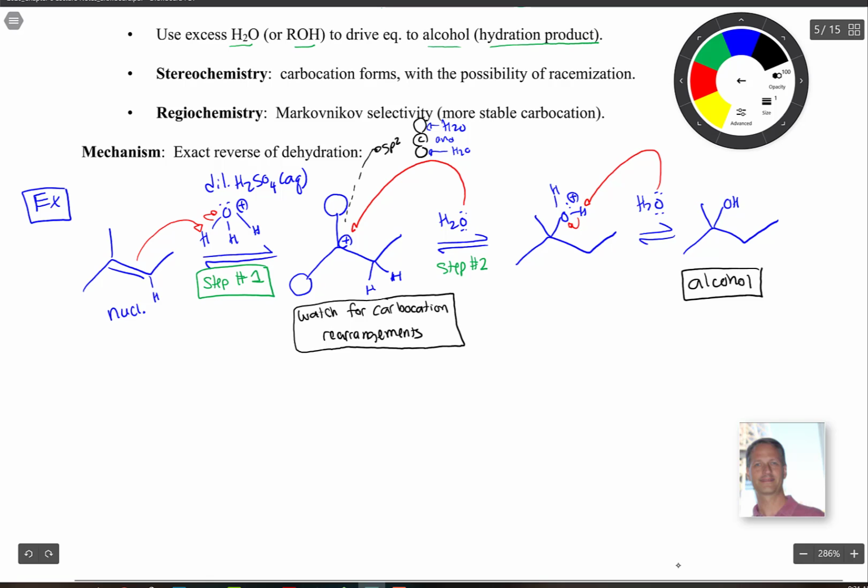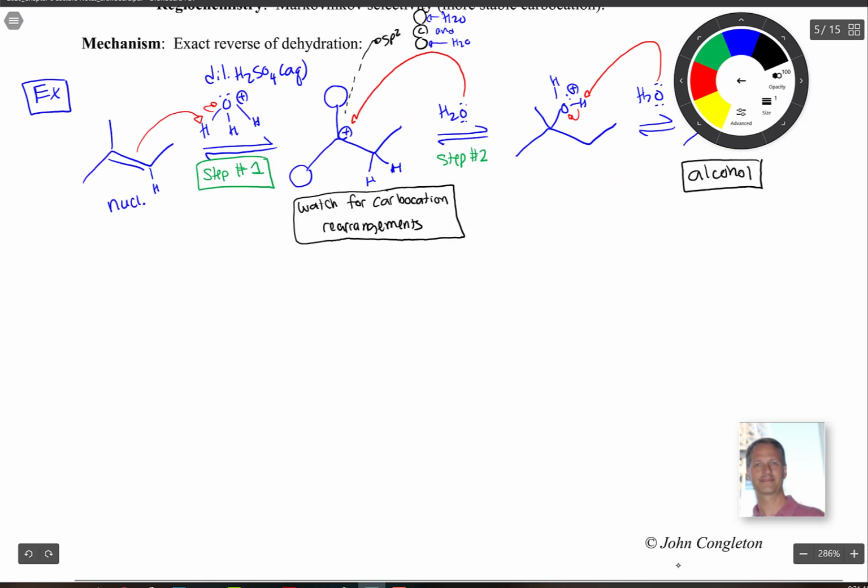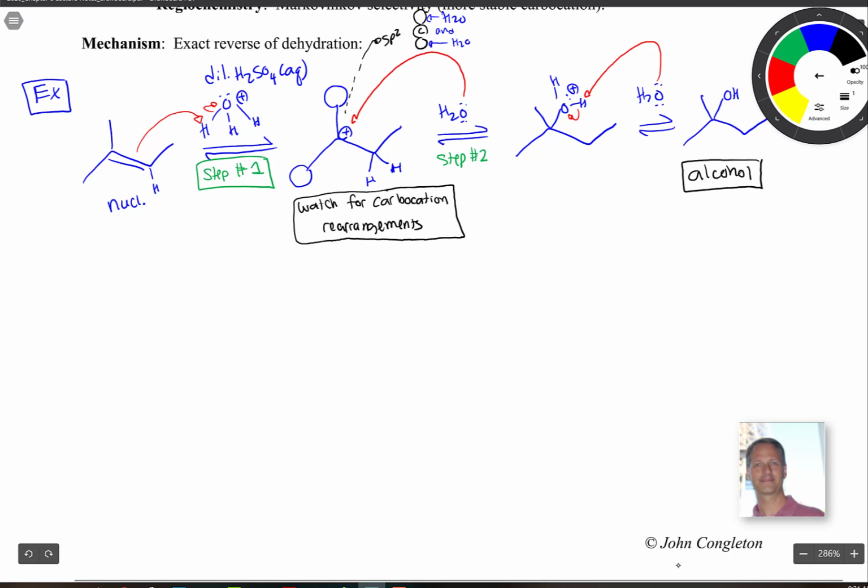So let's look at another little example just to see what are some other possibilities. So let's do example number 2 down here. And let's take a look at this guy. So same thing, we'll use dilute sulfuric acid, right? Sometimes you'll see that as H3O plus also.